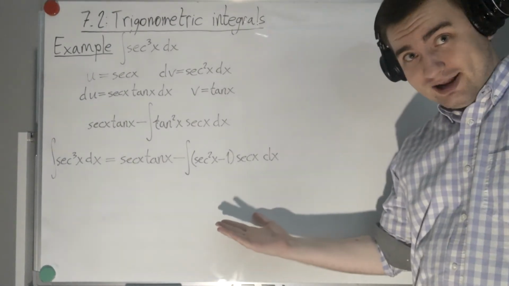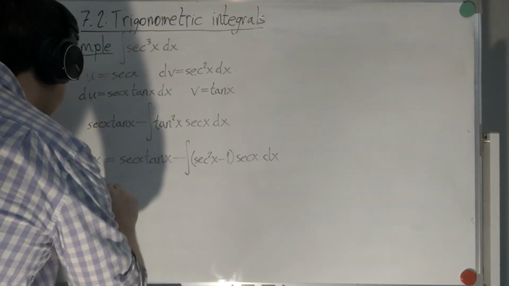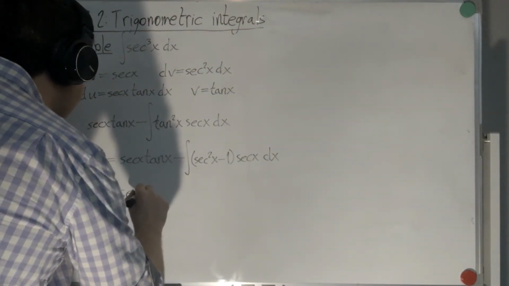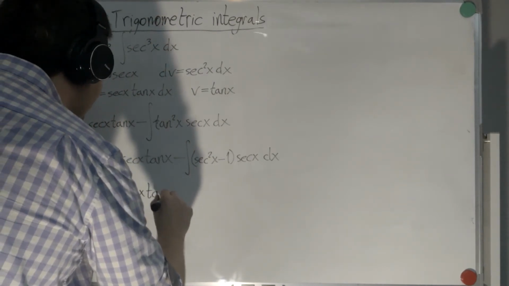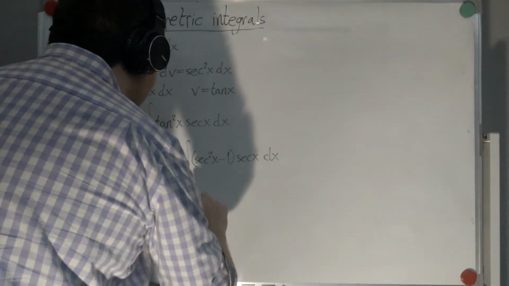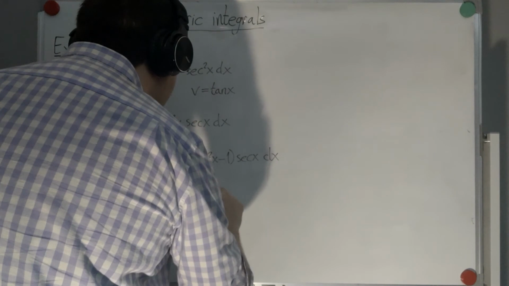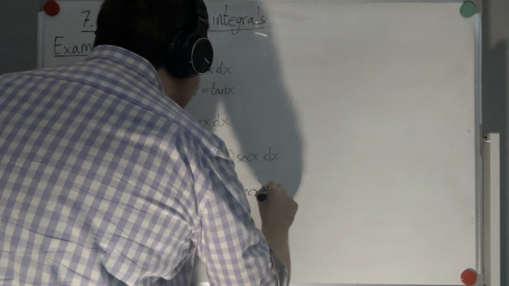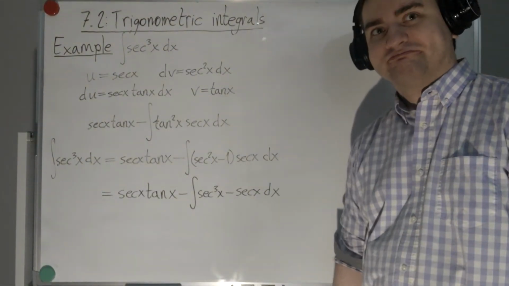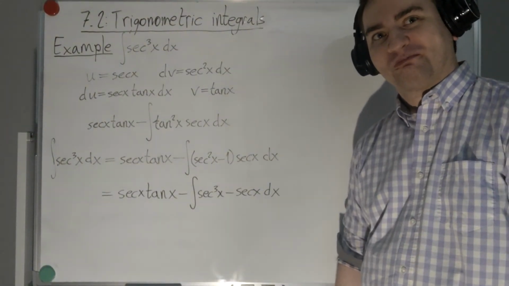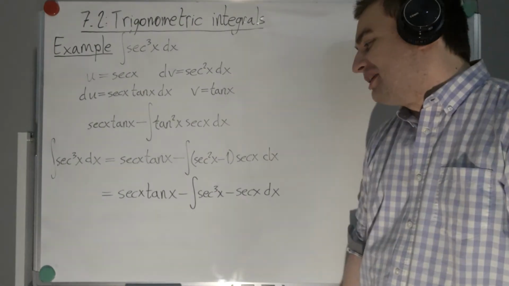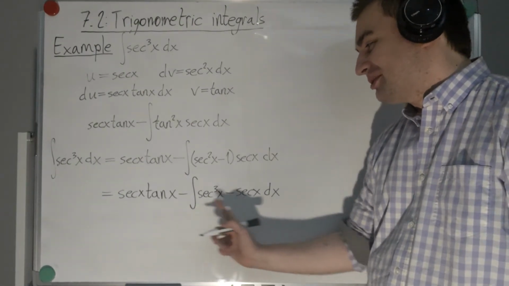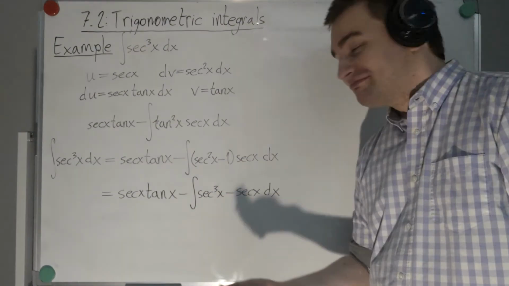And then you can distribute that. So then this becomes secant x tangent x minus the integral of secant cubed x minus secant x dx. All right, well, from here, I suppose you could split this integral among these terms.